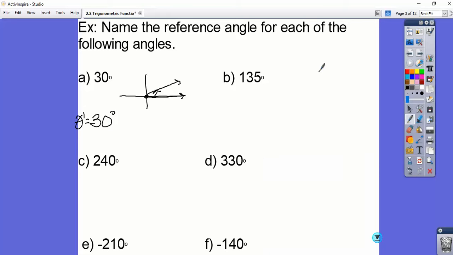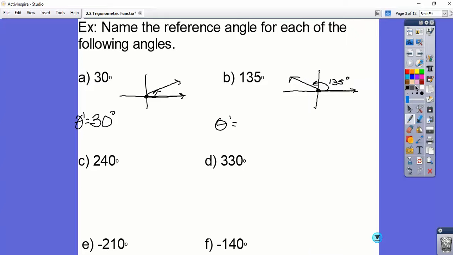If I gave you 135 degrees, so here's 90, 180, so 135 will be in between for standard position. The reference angle is the distance to the x-axis.